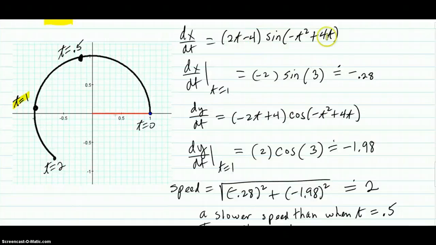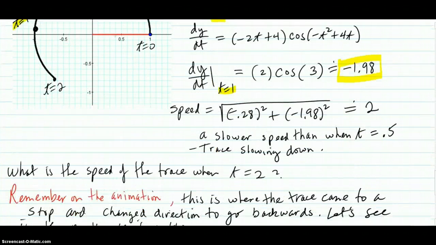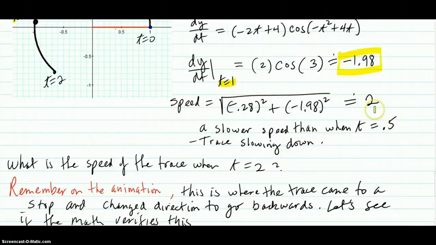So you do your derivative, evaluate t equal 1, plug it in, and you get approximately negative 0.28 for dx/dt, and for dy/dt, plug in t equal 1, you get approximately negative 1.98, and when you put that into the speed formula, you get 2. Sure enough, that is a lesser number than 3. So it's a slower speed. So the trace is slowing down exactly the way the animation showed it was.